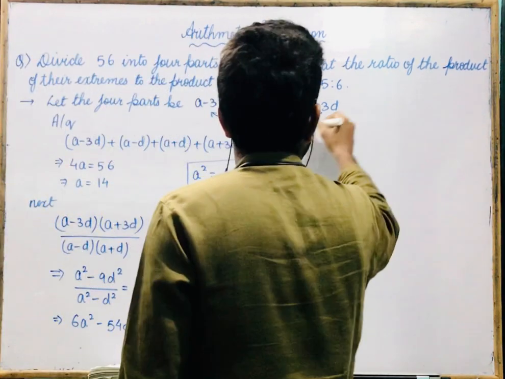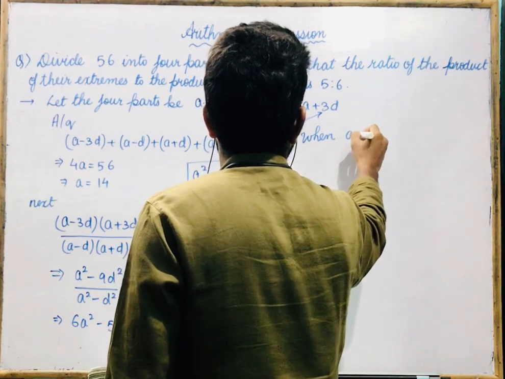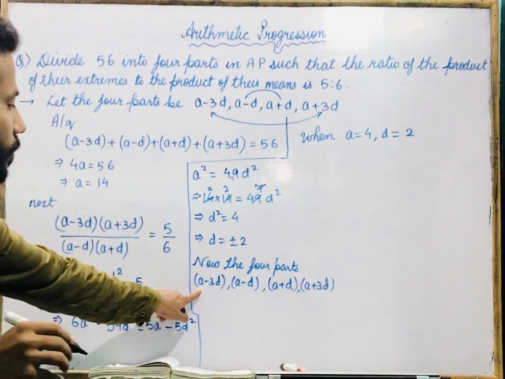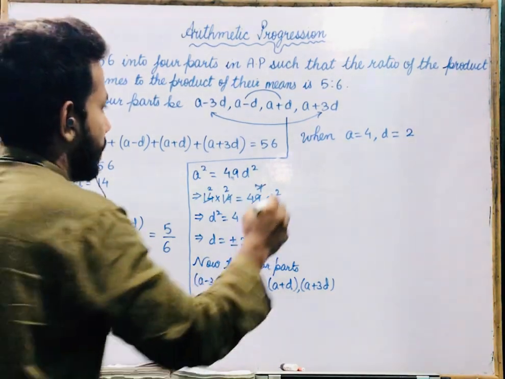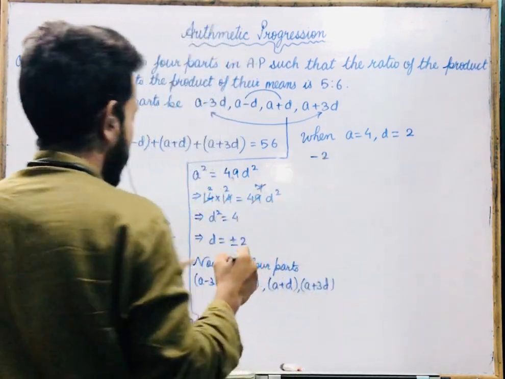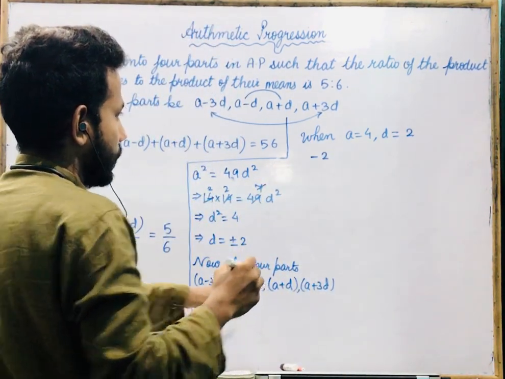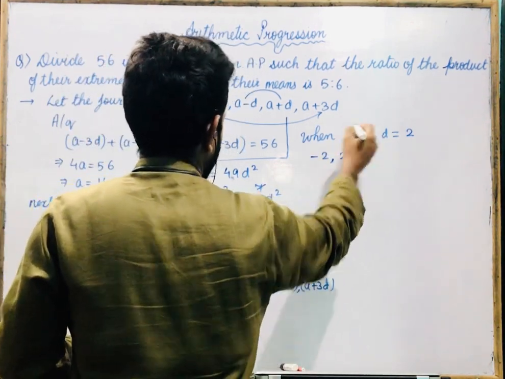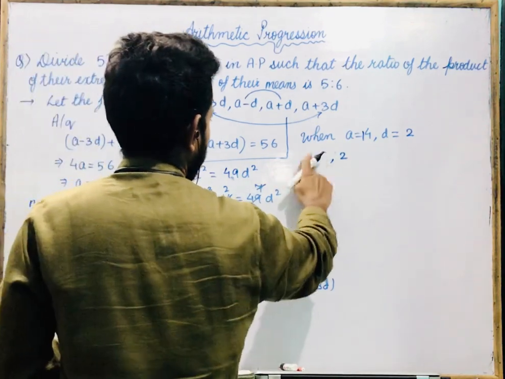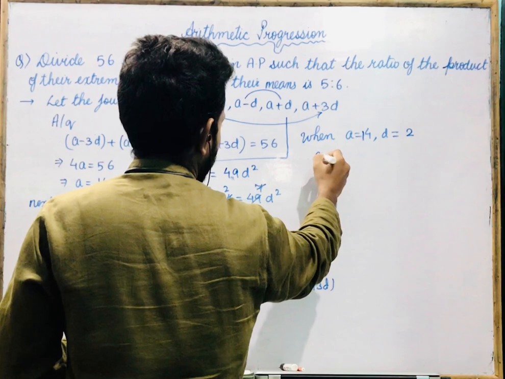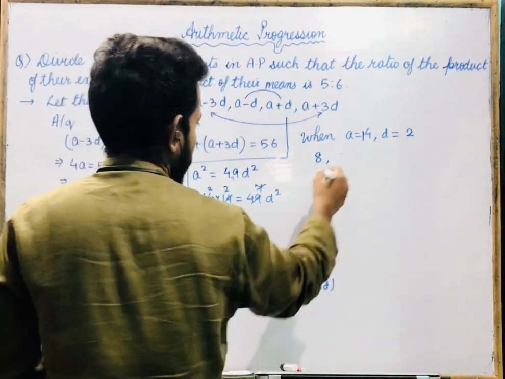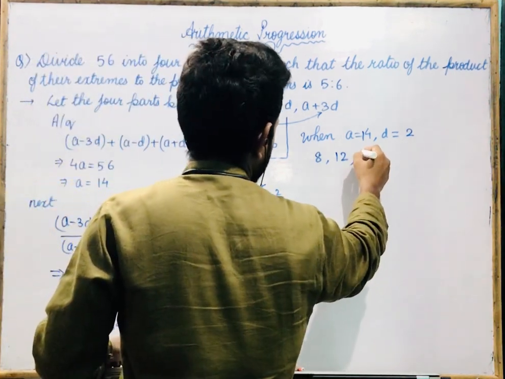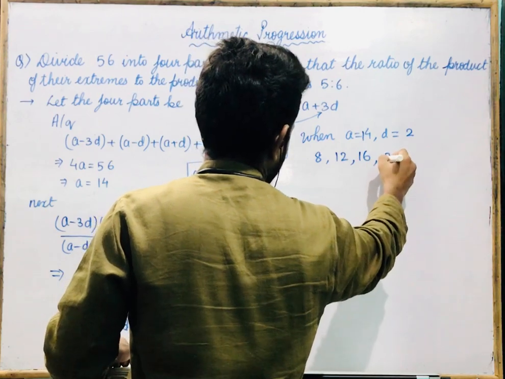Now take it as, when A equals 14 and D equals 2, what will be the number? 14 minus 6, that is 8. 14 minus 2, that is 12. 14 plus 2, that is how much? 16. So it will be 20.